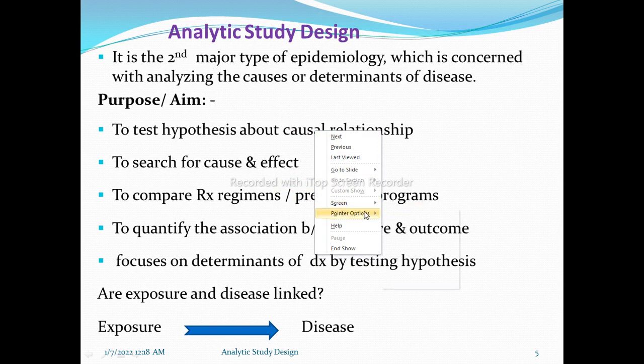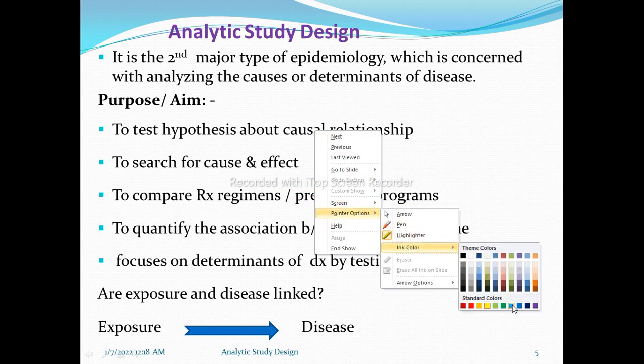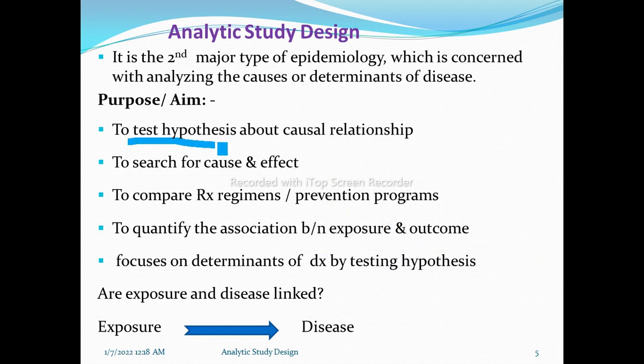analytic study design, the first one, is to test hypothesis about causal relationship. Analytic study design is testing the hypothesis about causal relationship, whereas descriptive study design is generating hypothesis.